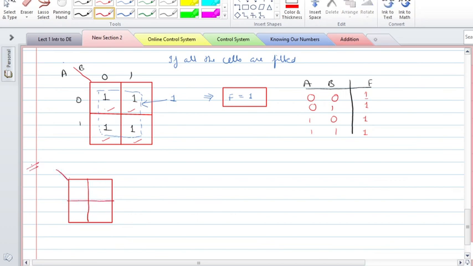Suppose the case is like this, that is A B, 0 1, 0 1, and all the cells are filled with 0.